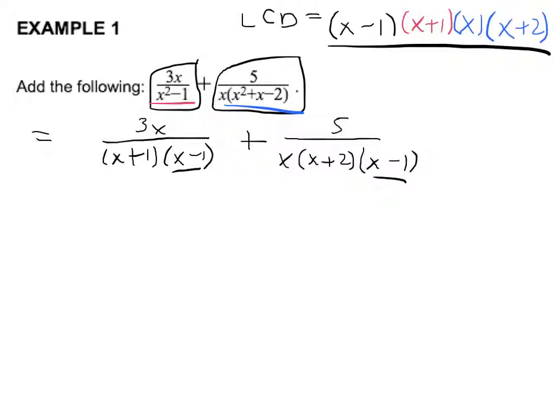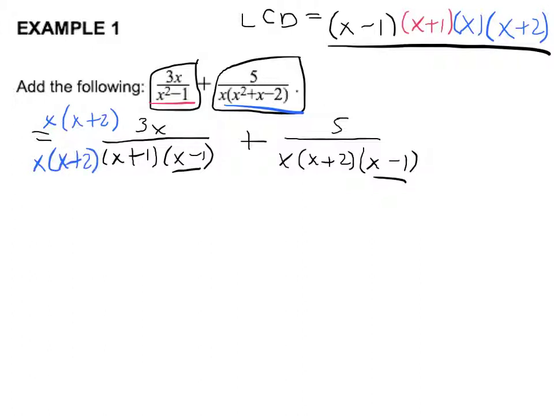And in order to make the denominators the same, we have to multiply each expression by what's missing in the least common denominator. So for our first expression, we're going to multiply it top and bottom by all of our blue factors. So it's going to get x times x plus 2 on top and x times x plus 2 on the bottom.